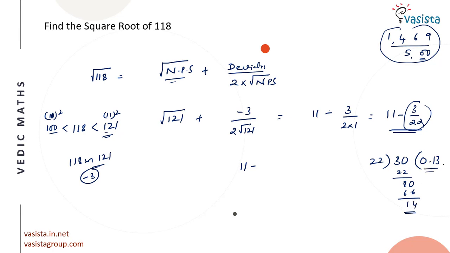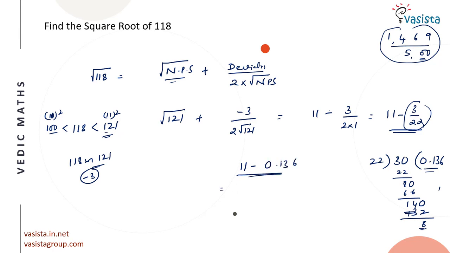You can stop here, otherwise if you want further, you can divide it further, like 0.13, or you can take one more digit, that is take 0, 22 sixes are, 6 twos are 12, 1 carry, 6 twos are 12 plus 1 is 13, 132, so 8. Now subtract this, you will get the answer.